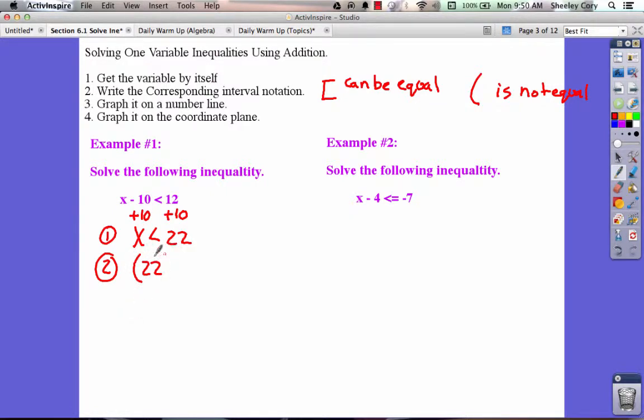The range of solutions that I have are anything less than 22, so all the numbers that are less than 22 are 21, 20, 19, 18, 17, 16, so on and so forth, all the way to really infinity, but not positive infinity, being negative infinity. So my interval for this is 22 to negative infinity. And because we can't ever reach infinity, I'm going to use a parenthesis for that as well. So this is interval notation here. 22 to negative infinity.